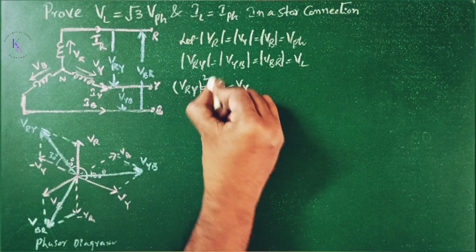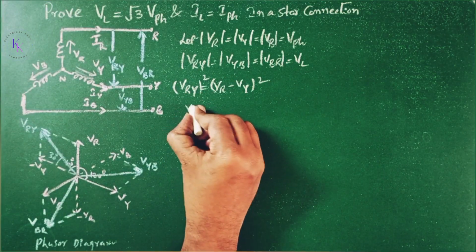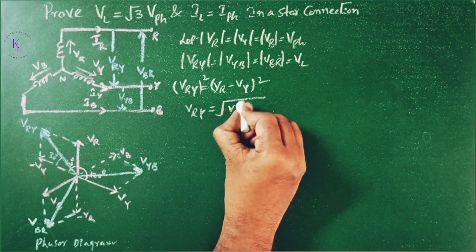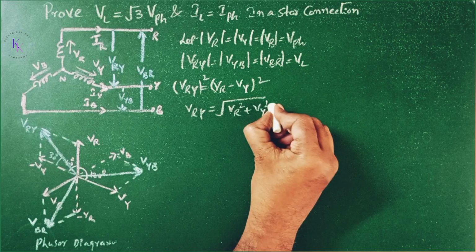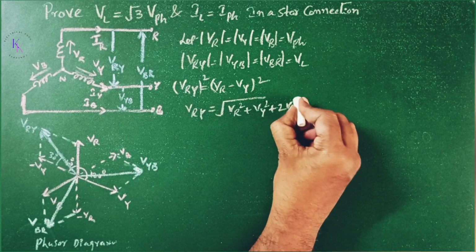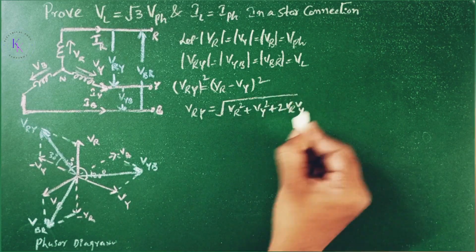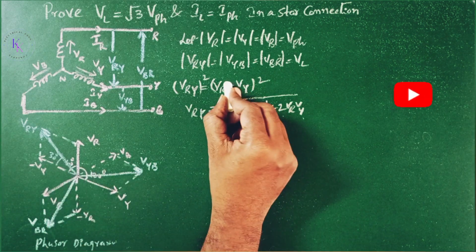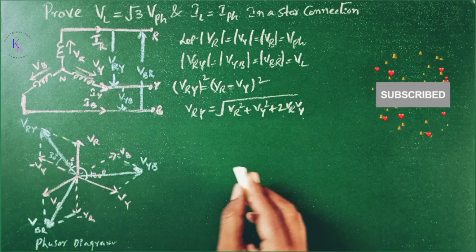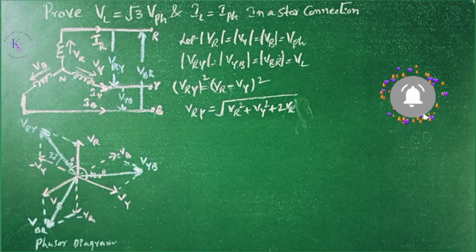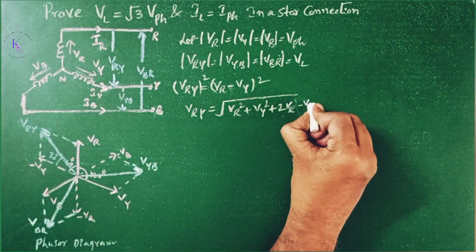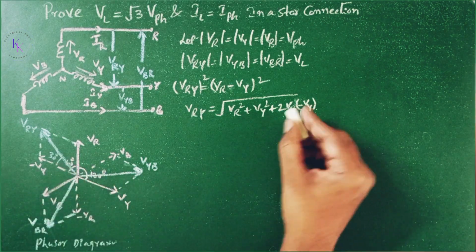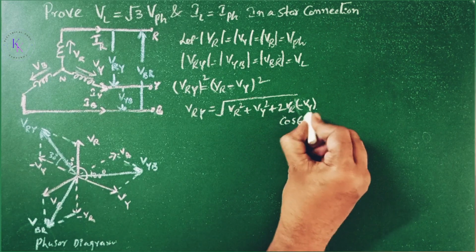Squaring on both sides, we get VRY equals square root of VR square plus VY square plus 2 VR VY cos of the angle between them. The angle between VR and VY is 120 degrees, but here we have considered minus VY, so I'm replacing VY with minus VY. Then the angle between VR and minus VY will be 60 degrees, so cos of 60 degrees.